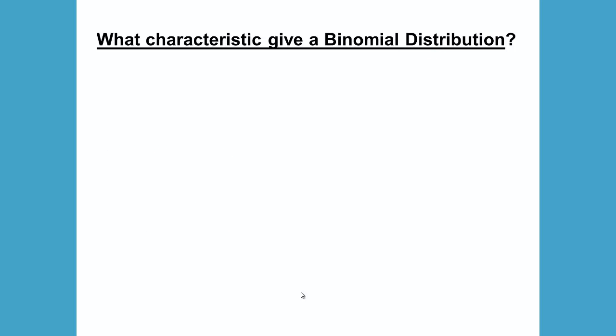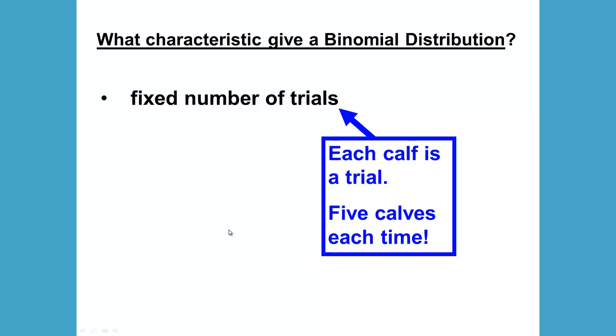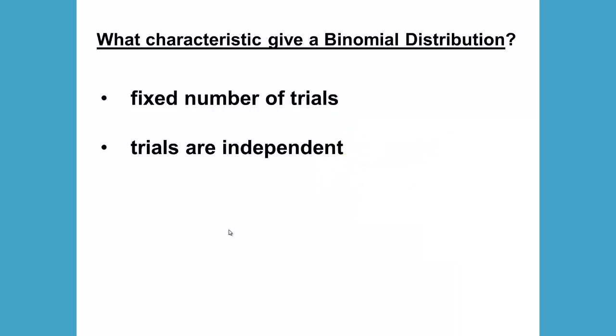So to introduce a binomial distribution, we need to think about the characteristics that a binomial distribution has. First of all, they have a fixed number of trials. That is the first requirement. In our case, each calf is a trial, and there was a fixed number, 5 calves at each time. Secondly, the trials were independent.